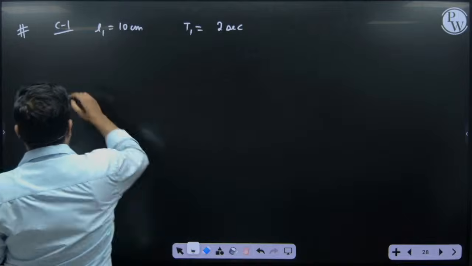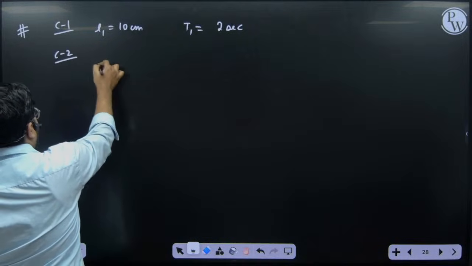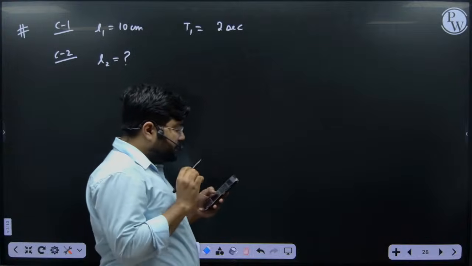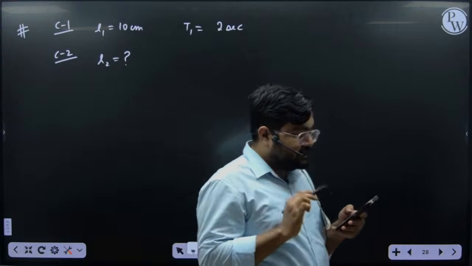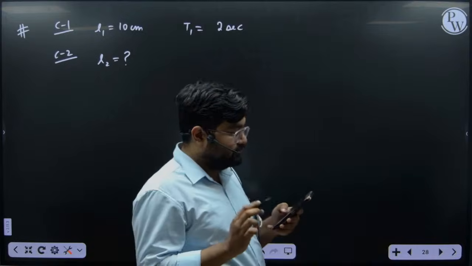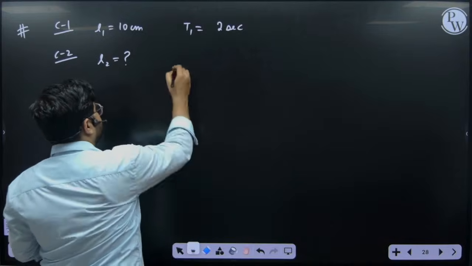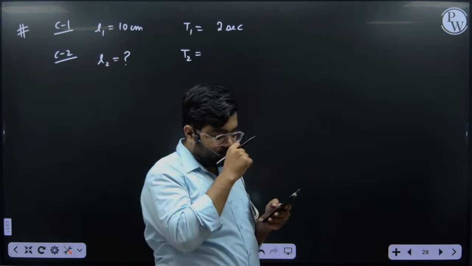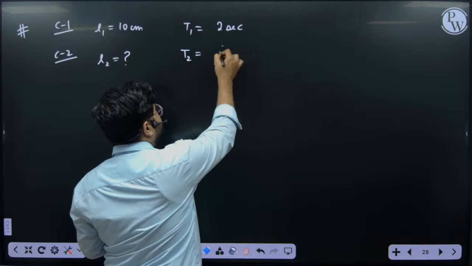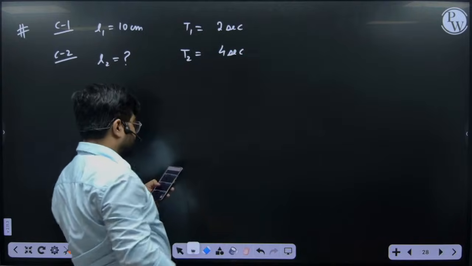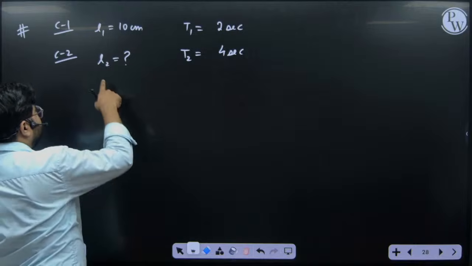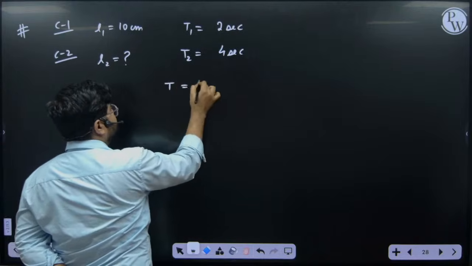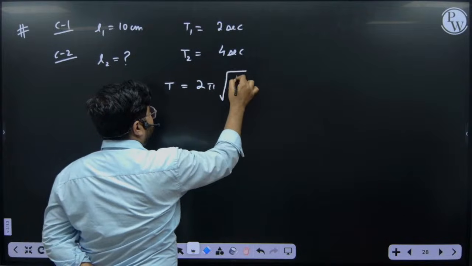Now the case 2, what is the length required? If it were to complete the same number of oscillations in 40 seconds, so what is the new time period? 10 oscillations in 40 seconds, so the time period of one oscillation will become 4 seconds. Now we know the time period formula, it's simply 2 pi under root L by g.